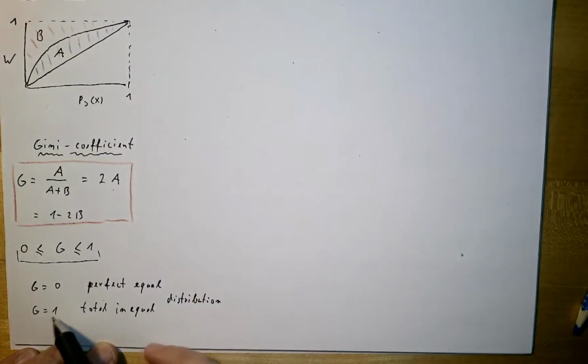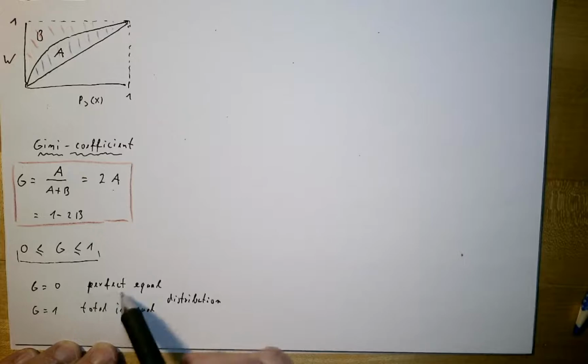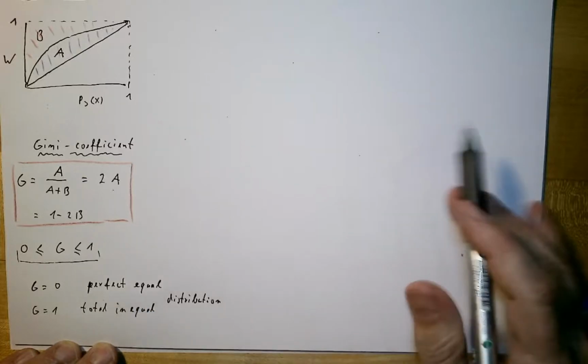This means an arbitrary fraction of people has all the money, and G equals 0 means we have the perfect world, everybody has the same share.